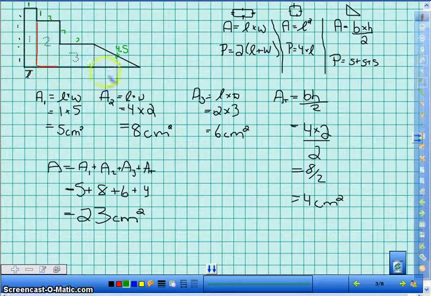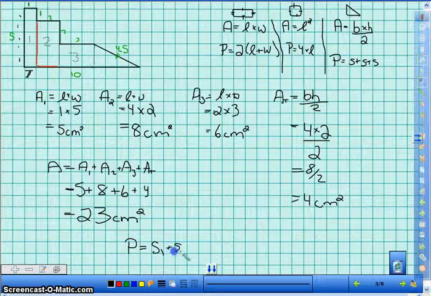And then this long side, we have 1, 2, 3, 4, 5, 6, 7, 8, 9, 10. And 1, 2, 3, 4, 5. So a good thing when you have a composite figure with this many sides is you could state perimeter is side 1 plus side 2.